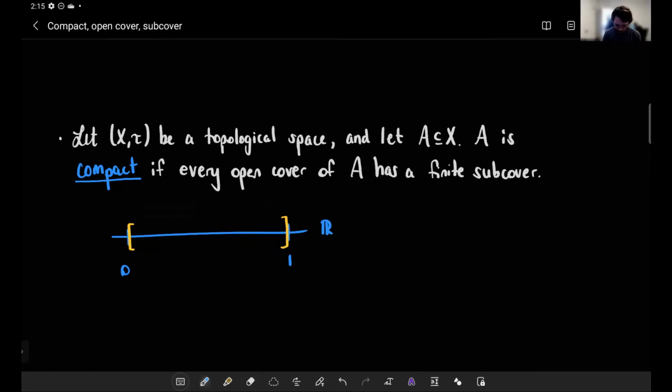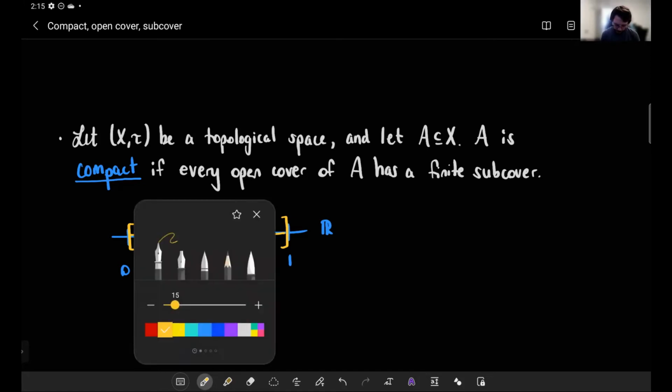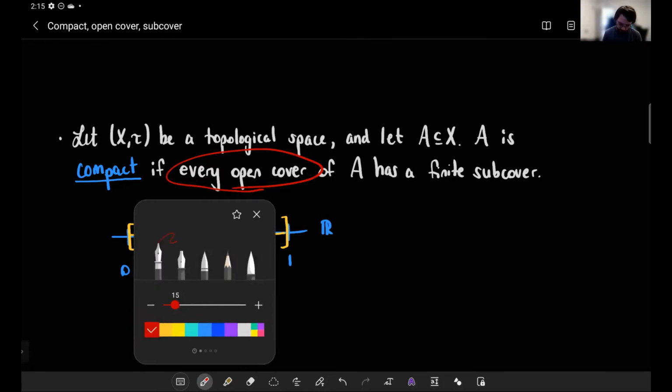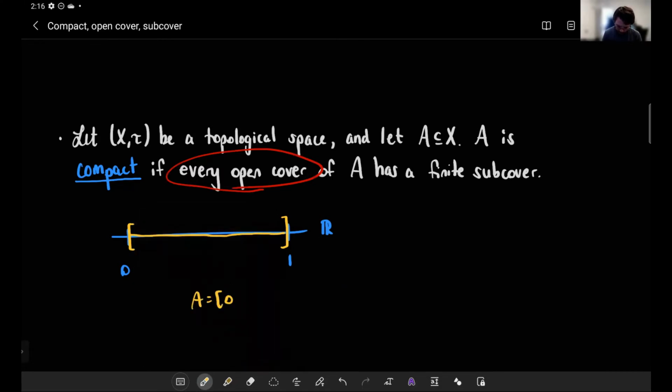So, here's a closed interval from 0 to 1. It's certainly bounded because nothing gets bigger than 1 or smaller than 0. And it's compact, but it's weird trying to argue why. You would have to show that no matter what open cover you draw, so this is our set, A equals this, a subset of R, say I did this and this, they're allowed to overlap. In fact, they'll have to.